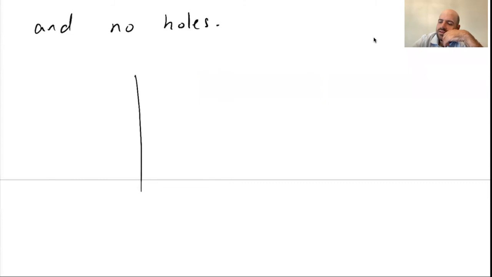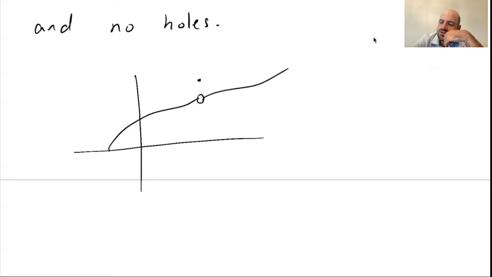So for example, let's say if you have a graph which has a hole like this. So this is a discontinuous function. Let's say if this is y equals f of x, because it has a hole, this is a discontinuous function.